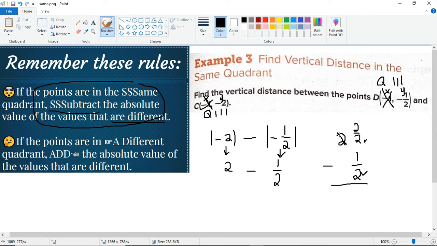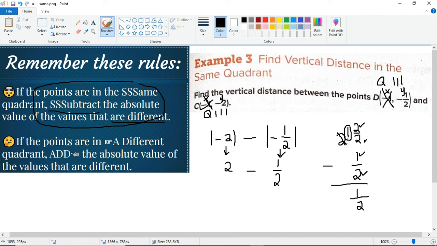If I take away one whole, which is 2 divided by 2 is 1, it will leave me one whole here. So I subtract the numerators: 2 minus 1 is 1. My denominator stays the same, but I still have this 1 here.